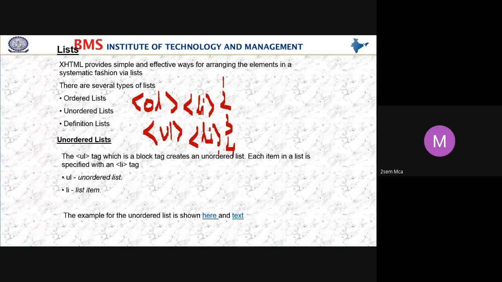For the ordered list, the tag is OL. For the unordered list, the tag is UL. See, same thing I have written here.